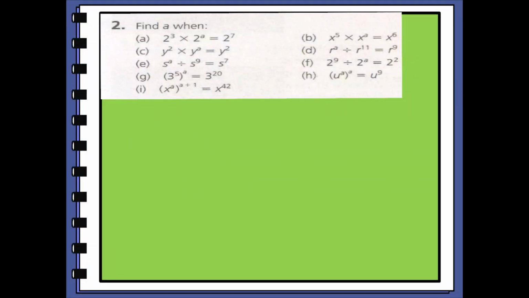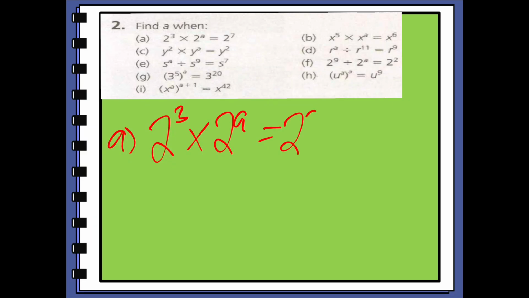So in this case, for number 2, it says find a when 2 power 3 times 2 power a equals 2 power 7. So we're interested in finding what this a stands for.